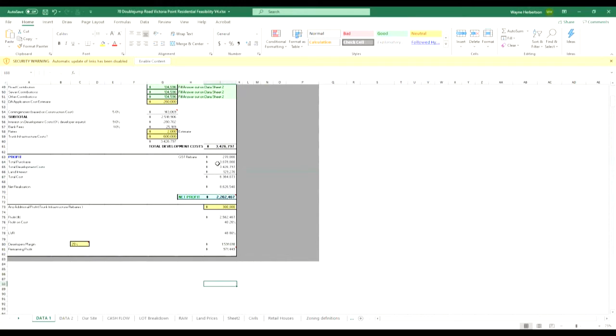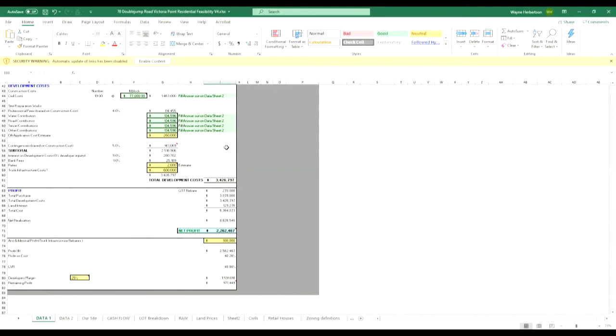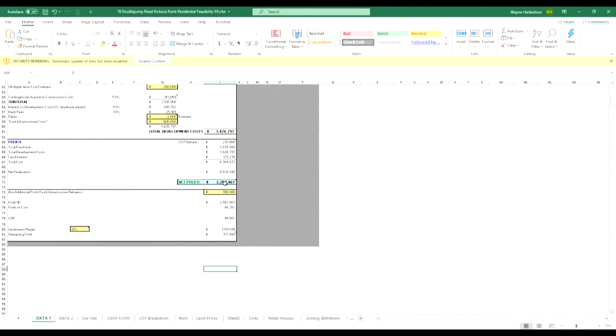So these ones here, you got the purchase price, the development costs, you got to pay the land interest, right? So your total cost is 6.34 there, and you've got your net realisation value, which we had up here at 8.626. That just comes down into here. So the net profit is, of course, the realisation value minus the development costs and the purchase price, right? So we've got this net profit. But we've also got this 300,000 coming back as additional profit from the council.